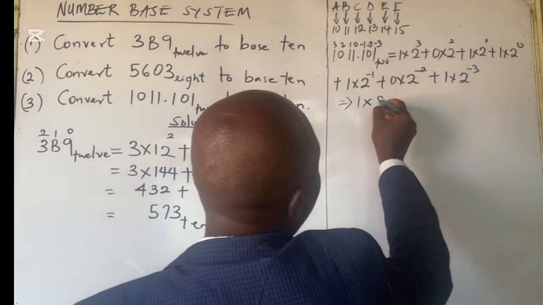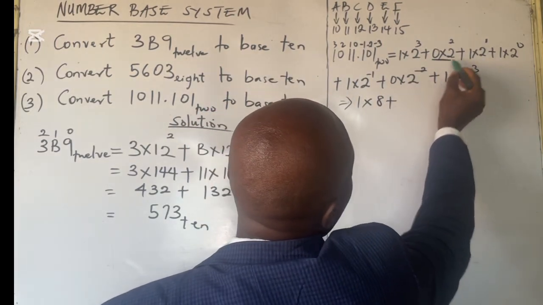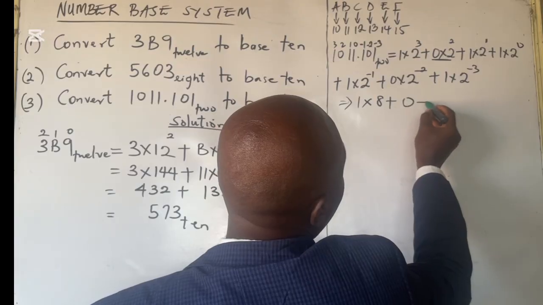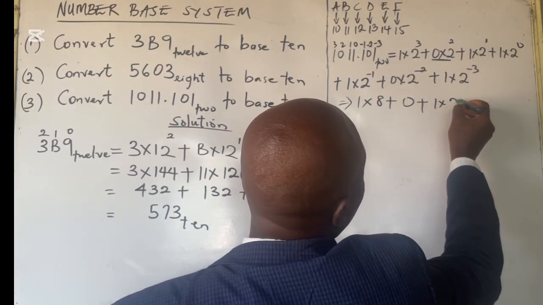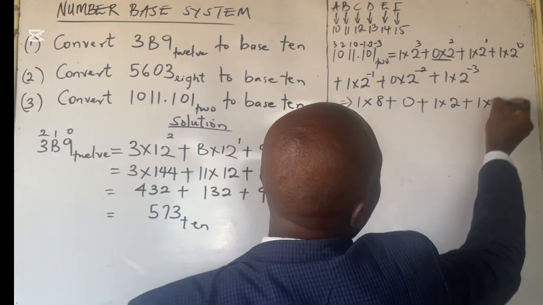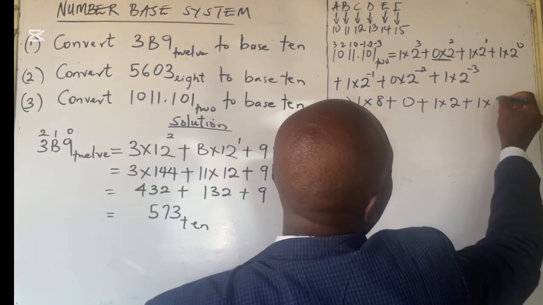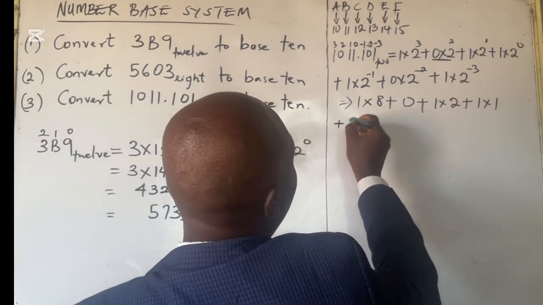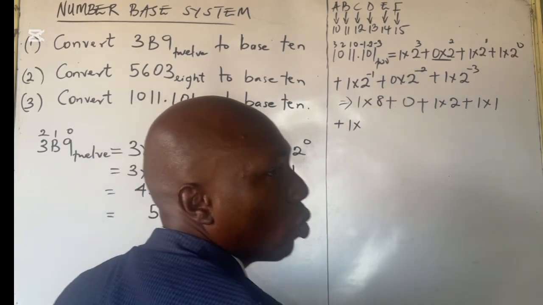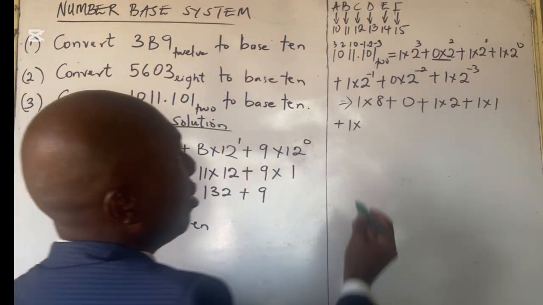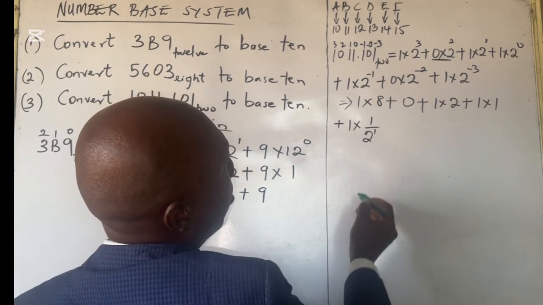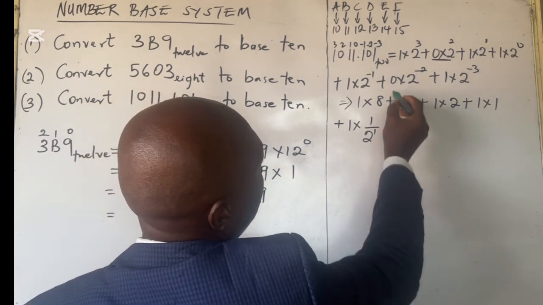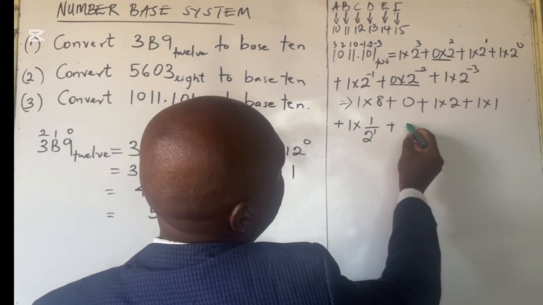2 raised to power 3 is 8. This is already 0. 0 times anything is 0. Plus 1 times 2 raised to power 1 is 2. Plus 1 times 2 raised to power 0 is 1. Plus 1 times 2 raised to power minus 1, in indices, means you turn it to a fraction, 1 over 2 raised to power 1. Plus this is already 0. 0 times anything is 0.